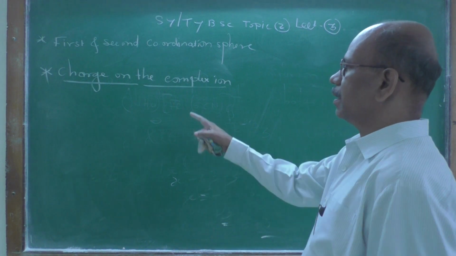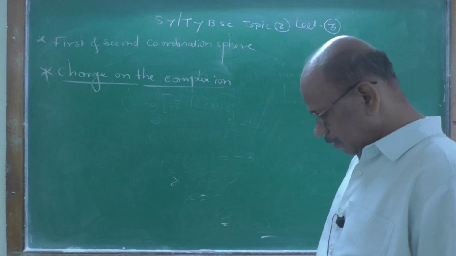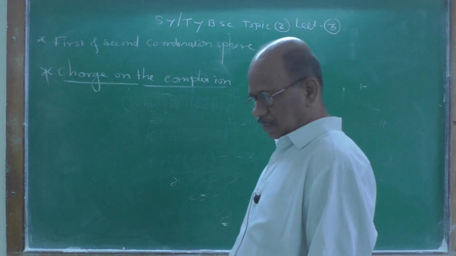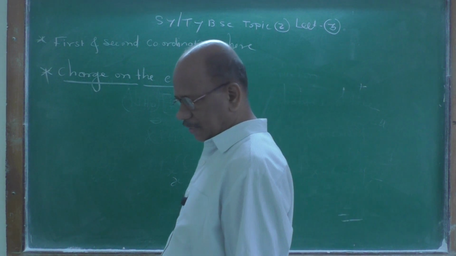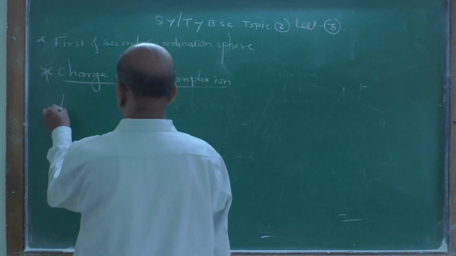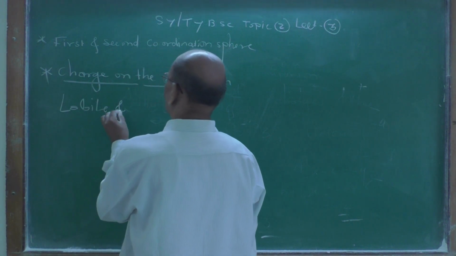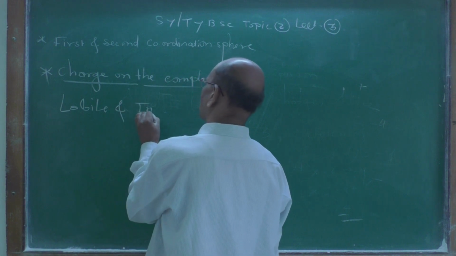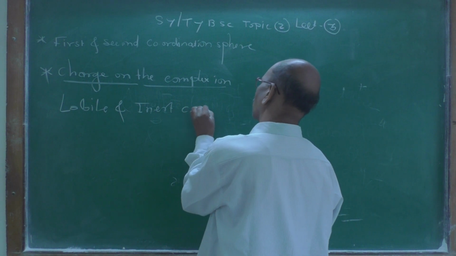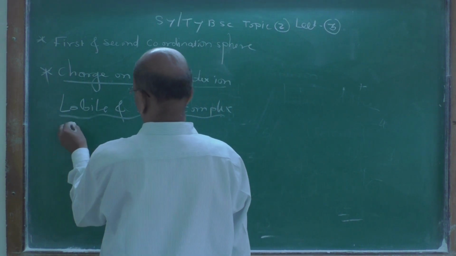So it is another concept that can be used in coordination chemistry, that is the charge on the complex ion. Then another point is that two types of complexes are present, that is labile and inert complexes.